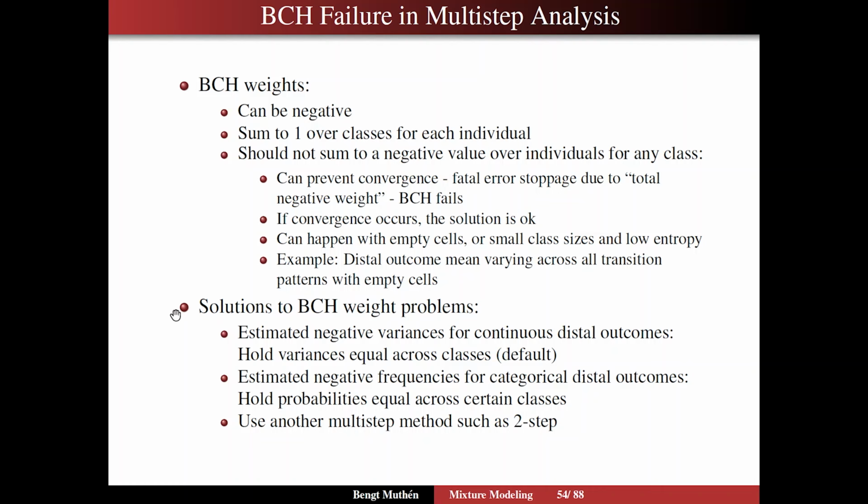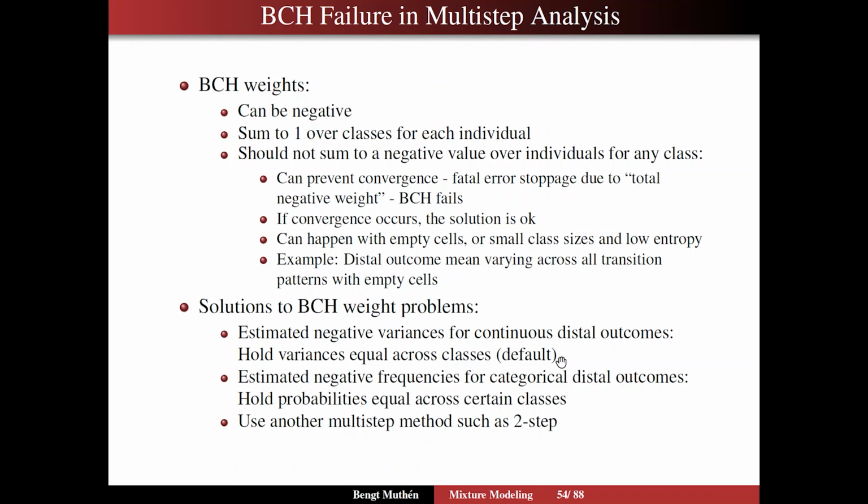So, solutions to BCH weight problems, where you have no solution due to the failure from total negative weight. If you have continuous distal outcomes, instead of having the estimated negative variances, which can happen, you hold variances equal across classes, which is the default of Mplus anyway.